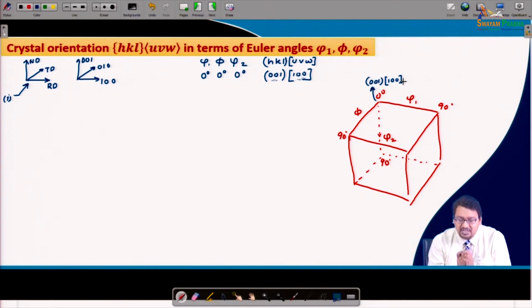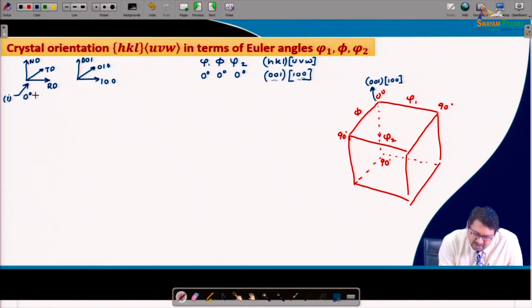So, we need to rotate first by phi 2, then by phi, and then by phi 1, and this time we have to use the inverse of the right hand thumb rule, that is, the left hand thumb rule, because we are tracing the crystal orientation in terms of the Euler angles. So, instead of the right hand thumb rule we have to do it opposite. Let us see how it is done. Let us say the first condition that we showed is the 0 0 1 1 0 0 condition, which is this one.